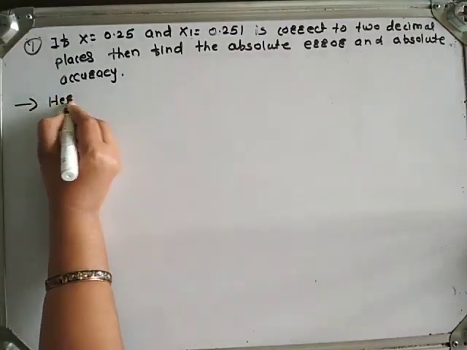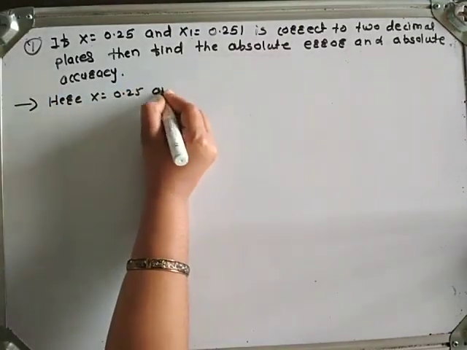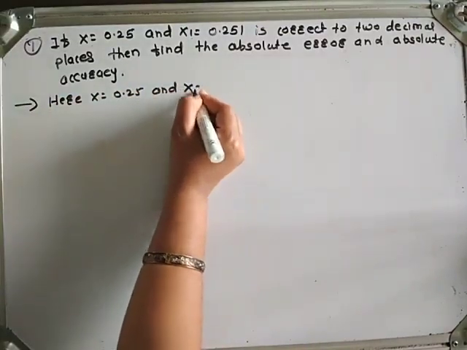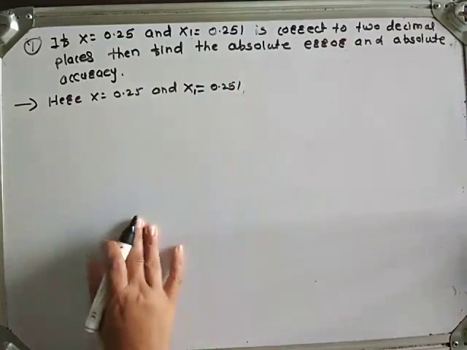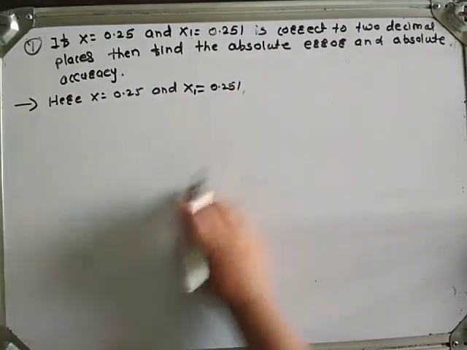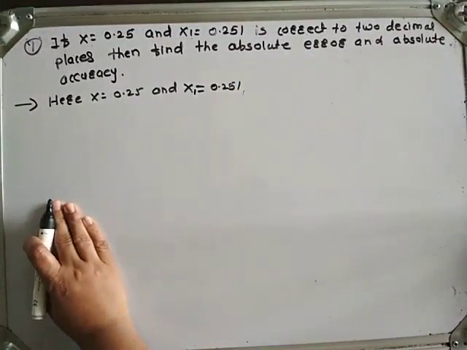Here we are given x is equal to 0.25 and x1 is equal to 0.251. What do we have to find? We have to find the absolute error. What is the formula for absolute error?